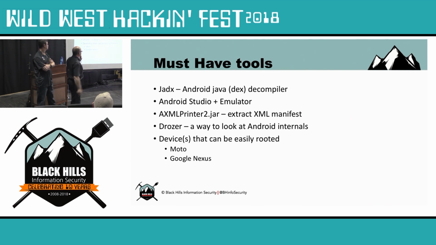I find using a Motorola device, typically the Motorola Nexus A6, I think it was an A6, or the Google Nexus, a very, very nice device to have, because the rootkits to actually root them are very clean. They work just about every time, and you just install them, run them, and you're good to go. And you can pick one of those up on eBay for a relatively inexpensive price these days. You'll probably pay $60, $70 or something along those lines, right?